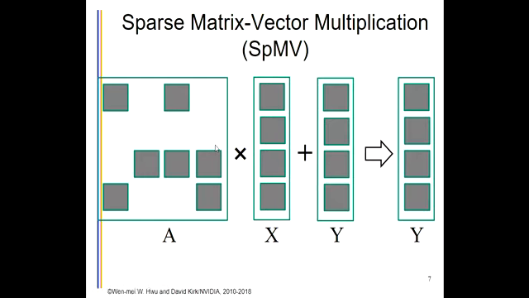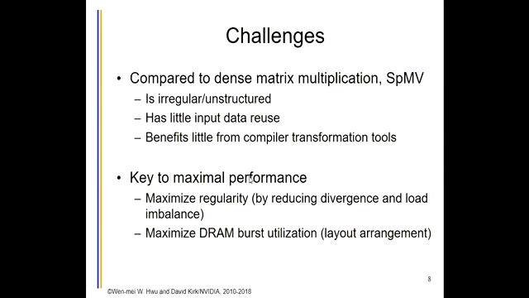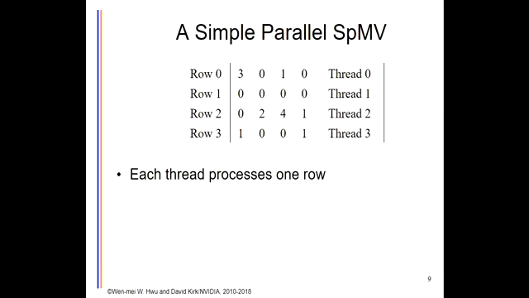So the reuse pattern is extremely sparse and extremely irregular. The key to maximizing performance is to maximize regularity by reducing divergence and load imbalance, and we need to maximize DRAM burst utilization. That's why we're going to go through several different layout arrangements before we reach the final arrangement.